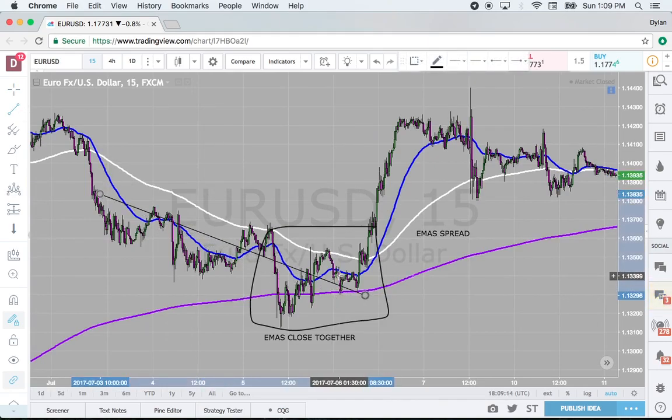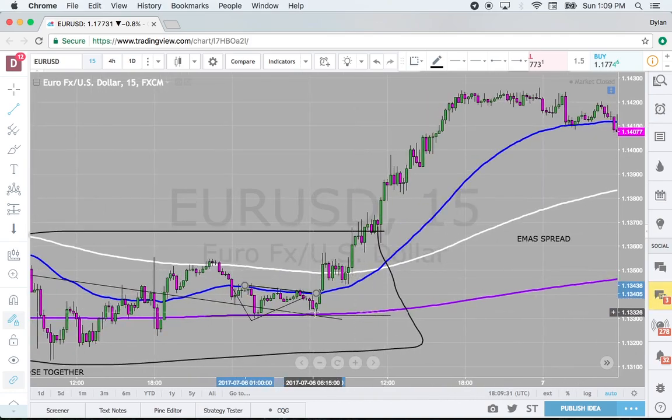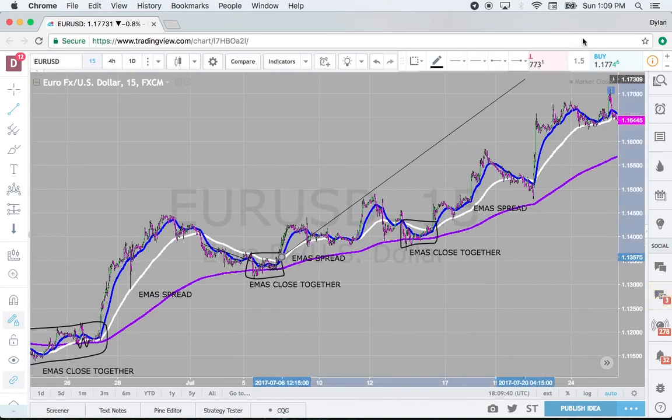It hit that 800 moving average, estimated moving average, and then created that perfect W formation. Looks like our signature trade breakout right there. And then reset the trend, continuing in the direction.